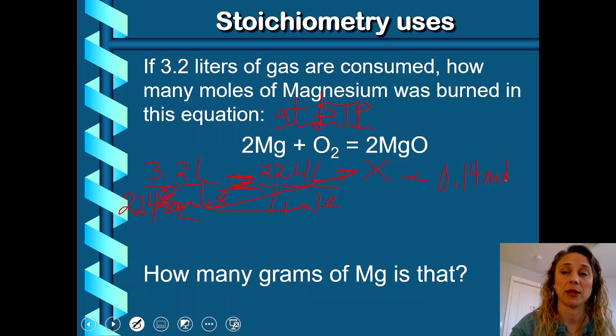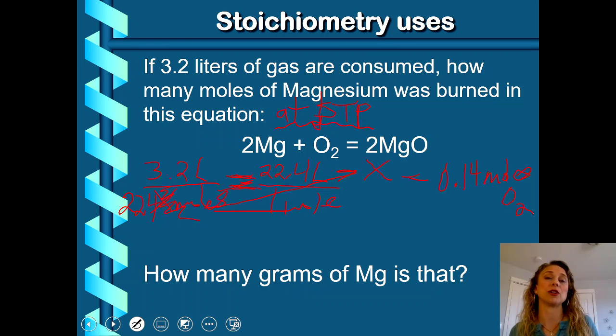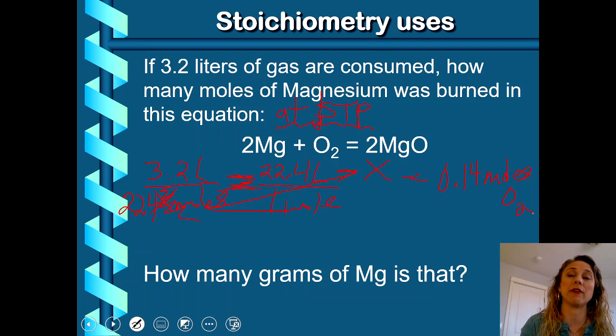Okay, that's how many moles of O2. And you know it's a 2-to-1 ratio of moles of magnesium to moles of oxygen, so you can just double that, and that's how many moles of magnesium burned. So we got this O2, and then 1 O2 is 2 magnesium moles.